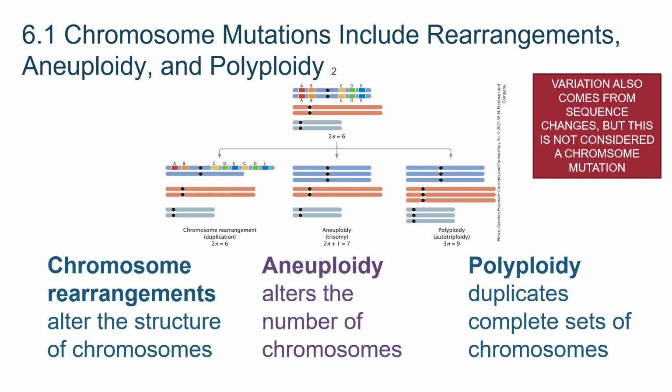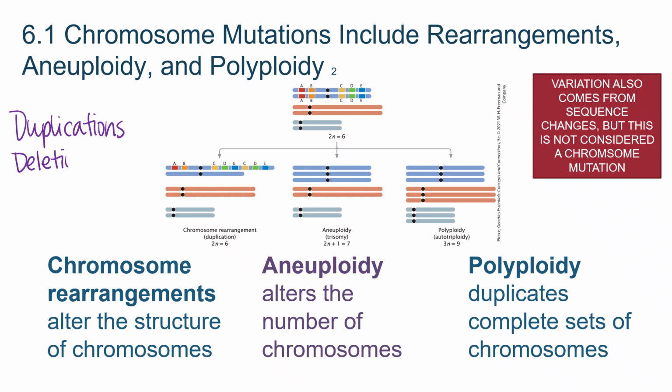So we are going to look at these different chromosomal rearrangements. I like this diagram because it directly compares what's happening with our chromosomes. For rearrangements, we are going to talk about duplications of specific genes. We are going to talk about deletions.